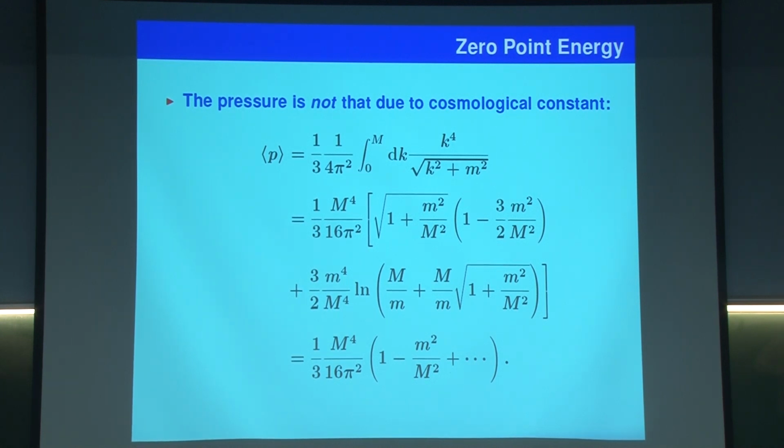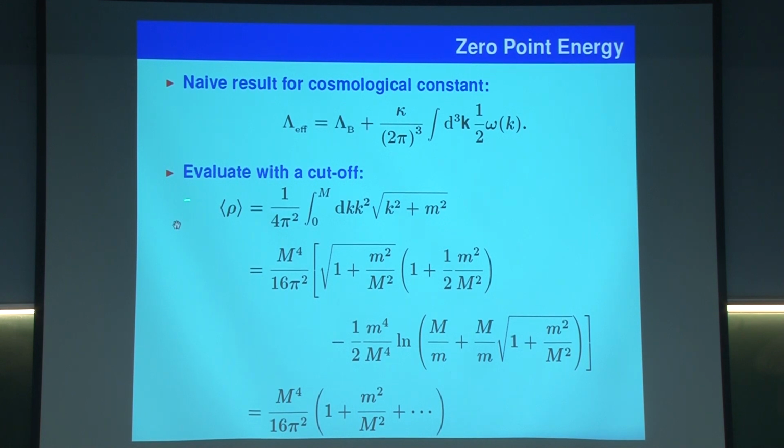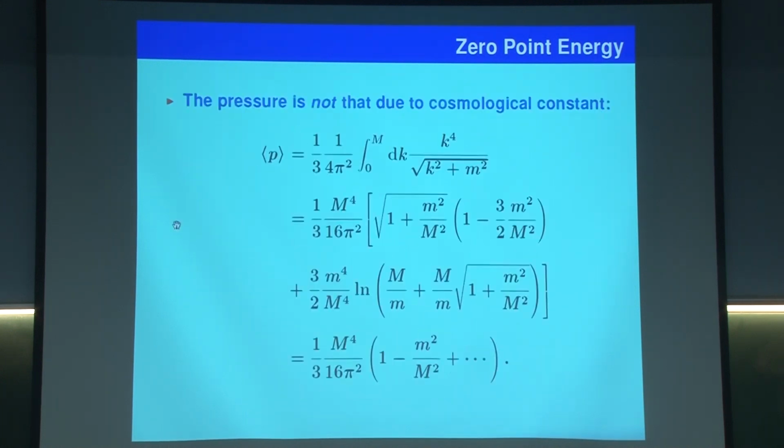So, what happens in textbooks is that they will compute this, tell you it is m4, and therefore is a huge cosmological constant. They should stop and compute the pressure as well. They will find that it is 1/3 of this, therefore the equation of state is wrong. So, to the leading order, the 0 point energy computed like this is not going to contribute.